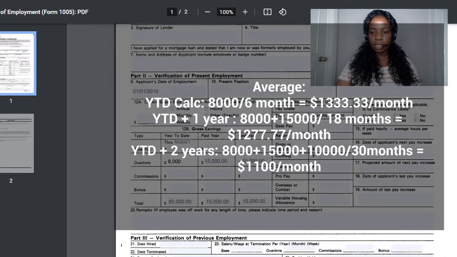Another way to look at it is if you did 8,000 plus this 15,000, that's 12 plus 6 months, that's 18. So we're going to divide that 23,000 by 18, and you get $1,277, which is a little bit more income, but we want to go the most conservative route.